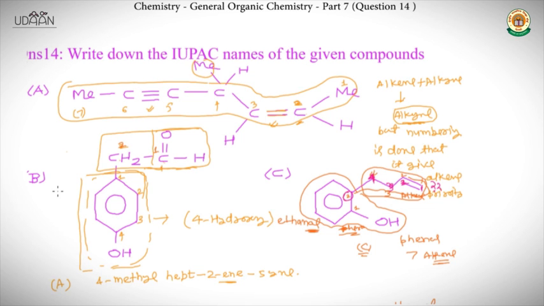So we write the substituents first, and then the number of carbon atoms in the longest chain, followed by ene or yne or ane. These are the simple rules of IUPAC nomenclature which you have to remember. Basically it is not as important a topic as isomerism, so this is asked very rarely in the JEE syllabus.